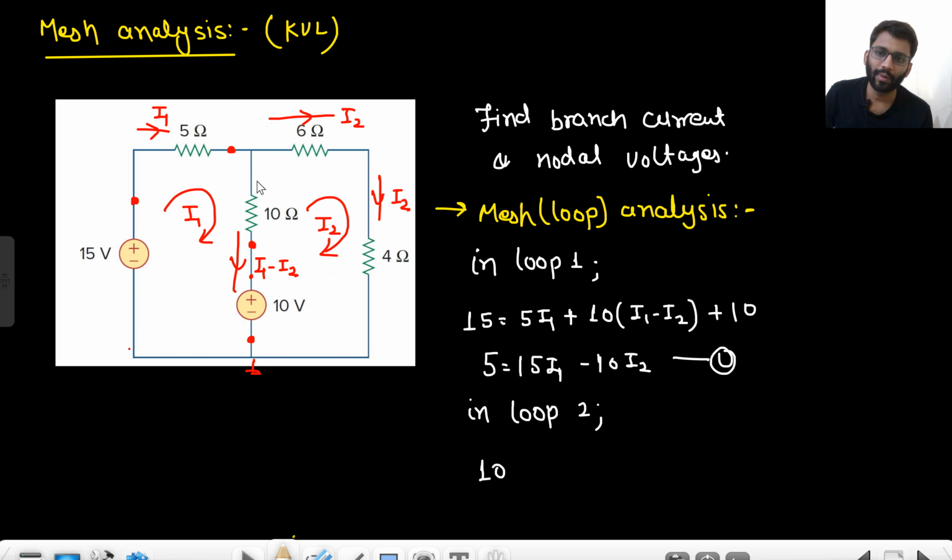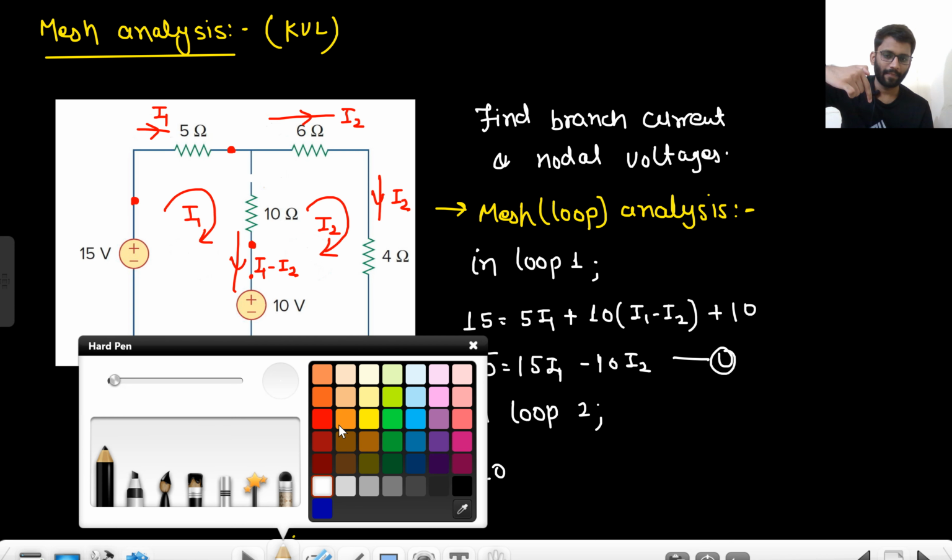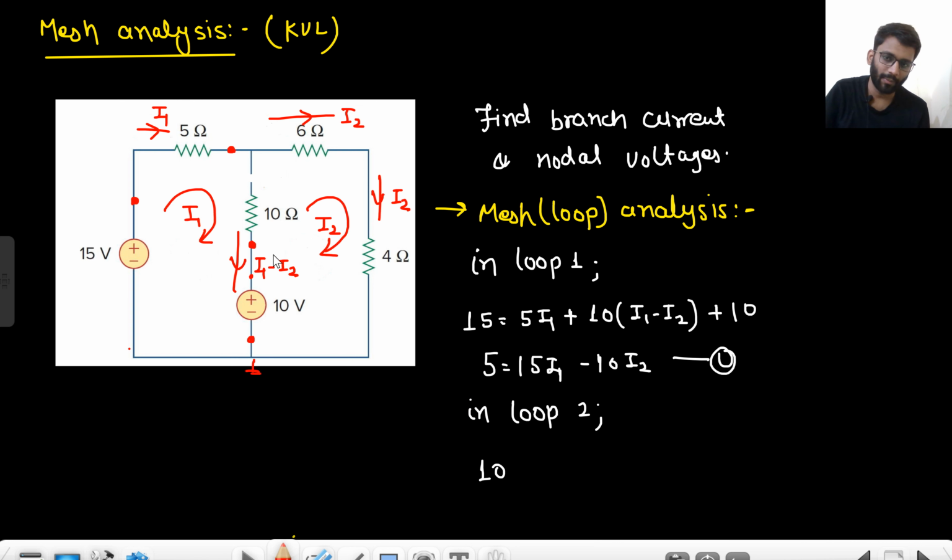What will be the potential of this point? The current is flowing from up to down, I1 minus I2. That means this will be positive, this will be negative. The current is flowing like this, from higher to lower potential, so this will be negative, this will be positive.